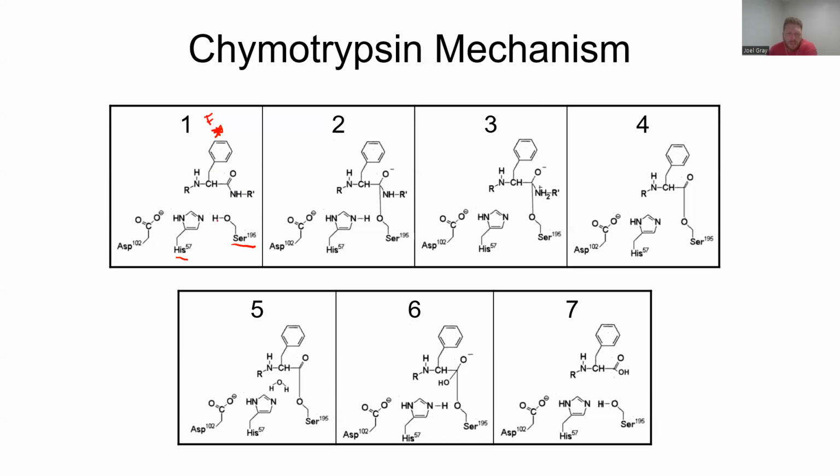Now, what we're going to see going from cell 1 to cell 2 is this nitrogen on the right-hand side acting as a base. And it's going to pick up that hydrogen, which is going to allow the electrons going from that oxygen to hydrogen to establish our covalent bond with our carbonyl carbon of our substrate.